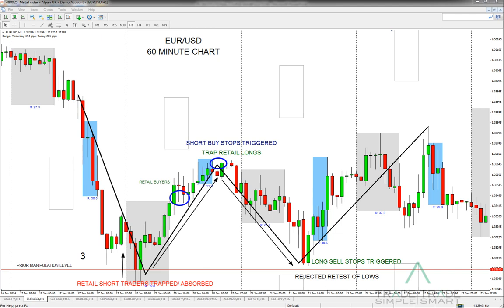Okay, so with the M formation, we know that it's the manipulation and the creation of buy orders, and with the W formation, it's the manipulation and the creation of sell orders.